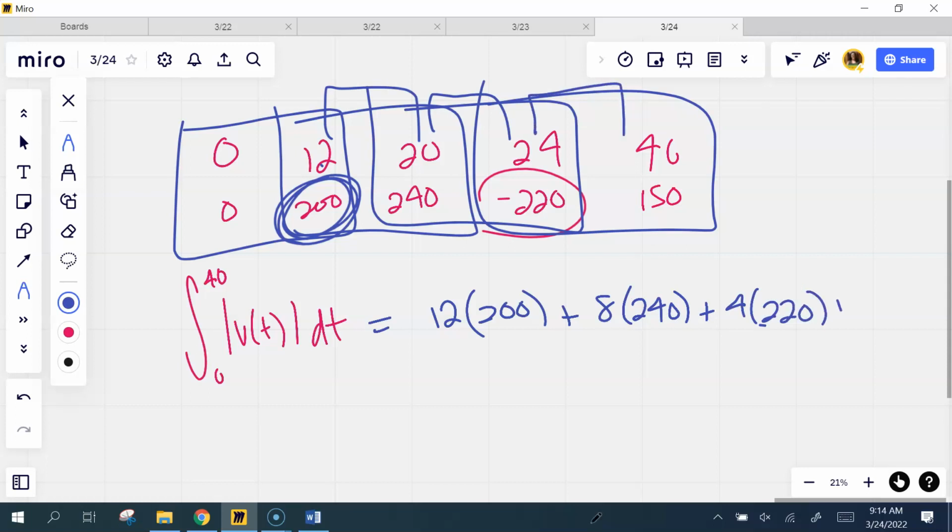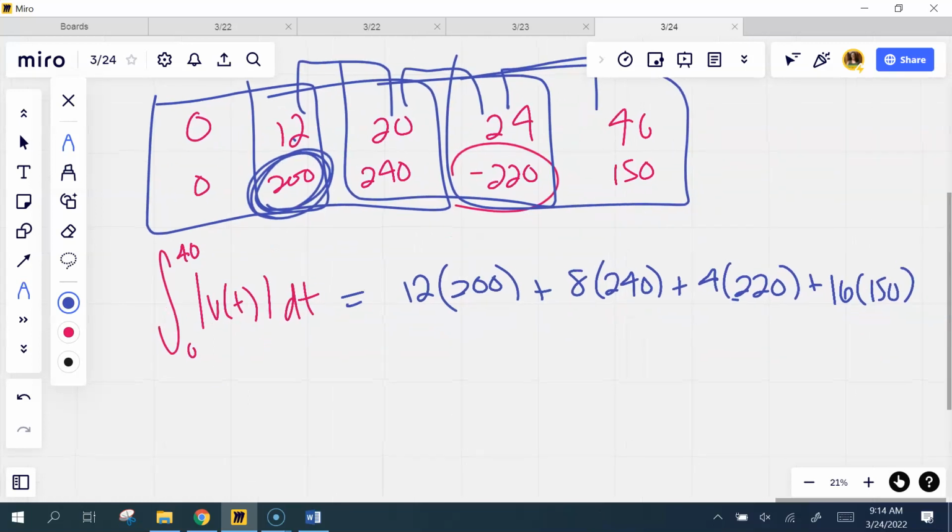And then the last one has a width of 16 times 150. Doing all of those computations by hand was horrible, but I did come up with 7,600. This is just meters because it's total distance traveled.